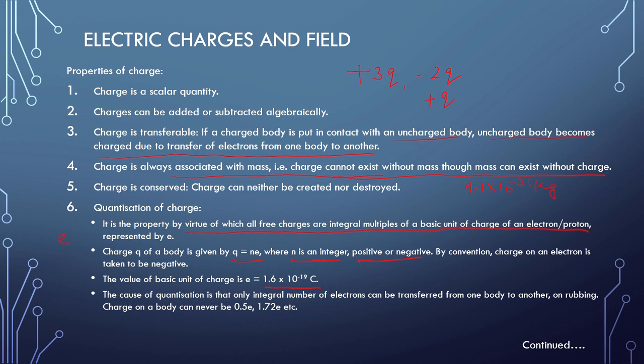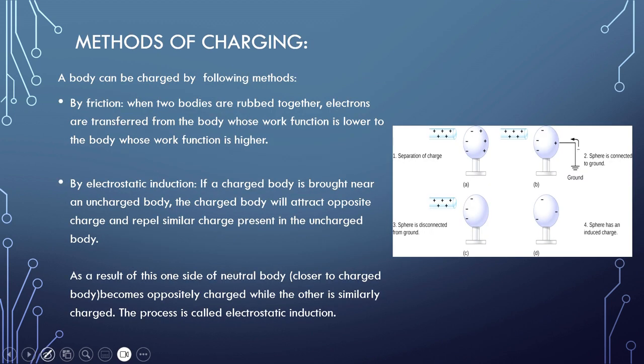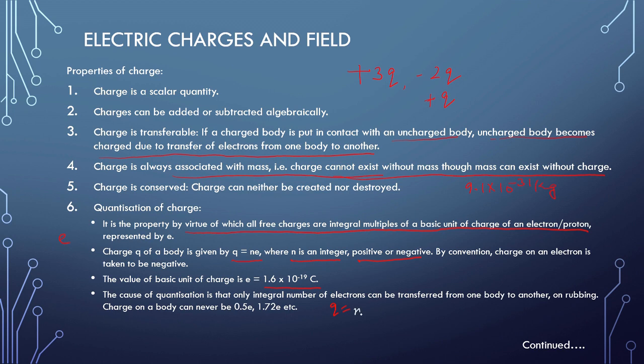So when we say that two electrons are transferred, it means Q is equal to ne, that is, Q is equal to 2 into 1.6 into 10 to the power of minus 19 coulomb.